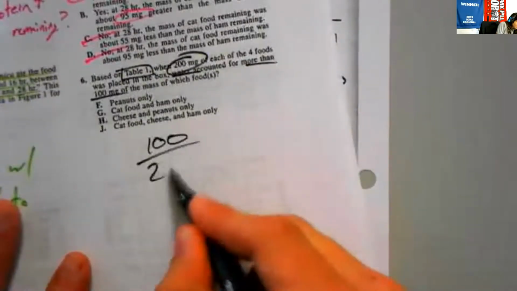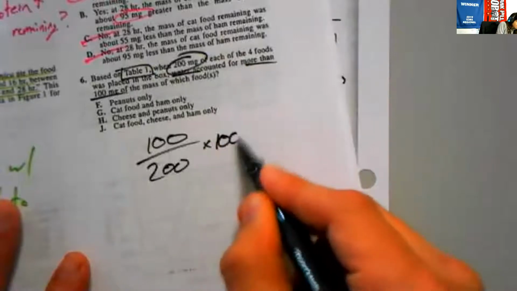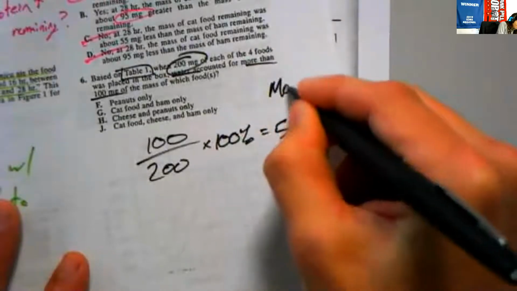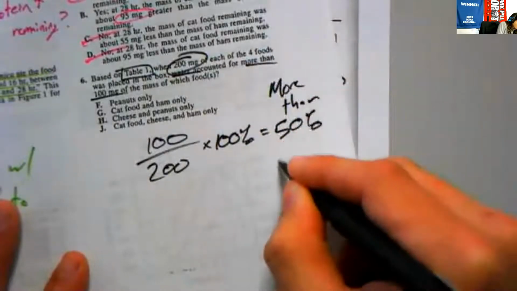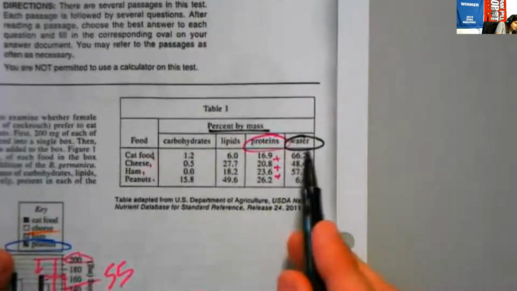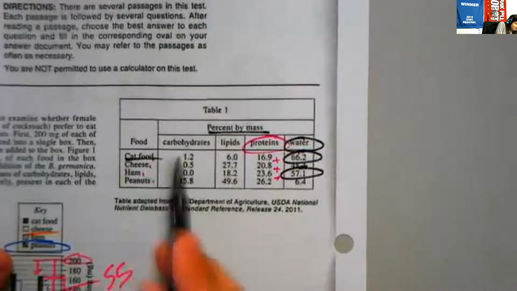So what is 100 out of 200 as a percent? Hopefully you notice that's 50%. So we're looking for the things that are more than 50% water. It doesn't say that, but that's what we're looking for. 100 out of 200, that's 50%. Which ones are more than 50% water?